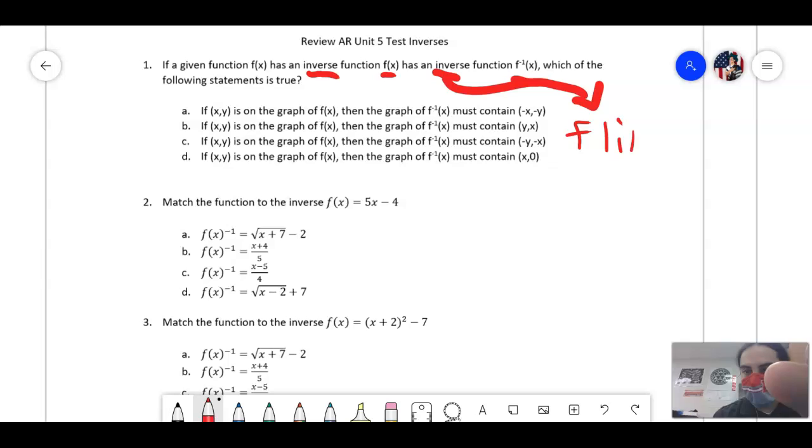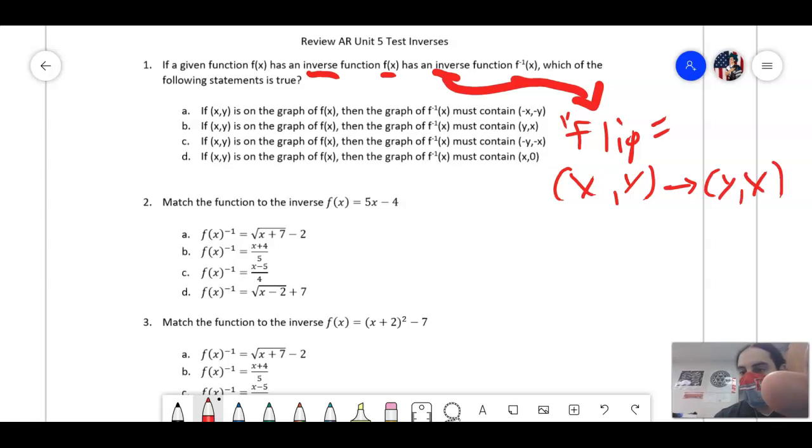Inverse means flip, right? So xy will become yx. Now notice there's no negatives, there's no zeros, it's just xy becomes yx. So the best answer for that is going to be when xy becomes yx. Letter B on number 1.